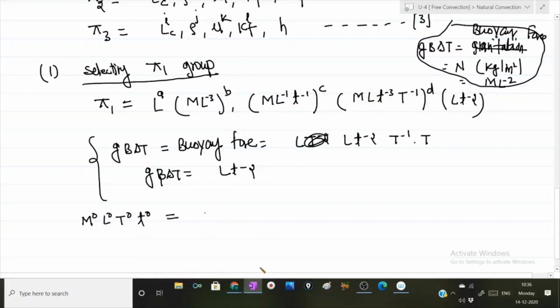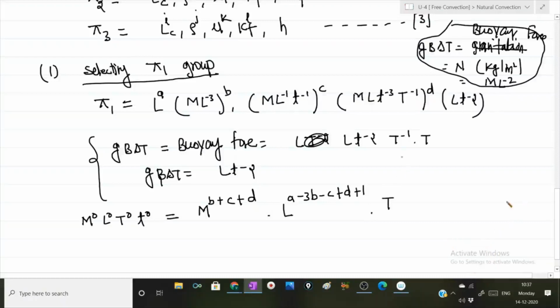Now let us combine the dimensions of M. So M can be represented as M power b plus M power c plus M power d. Let us combine exponents of primary dimension L: L power a plus L power minus 3b, L power minus c plus L power d plus L power 1.